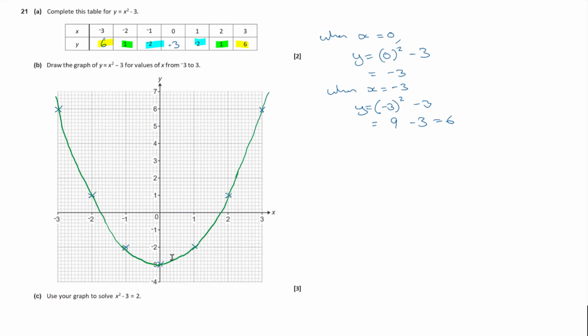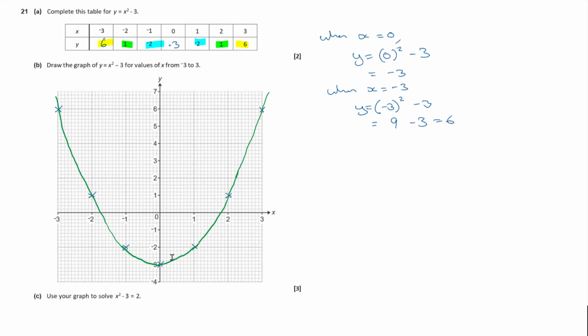Right, important things to note is that parabolas don't have pointy bottoms. It should be a nice smooth curve. You'll lose marks if you feather or if you miss the points that you've actually marked. So if I draw my line and don't go through the points that I marked, then I'm going to lose a mark. If I have feathering like this and multiple lines, that can lose you a mark as well. Okay, but I think that's all right. I think I'll get the marks for that one.